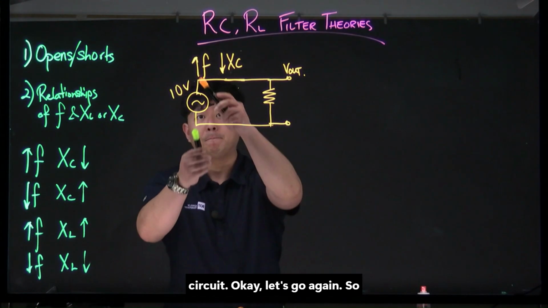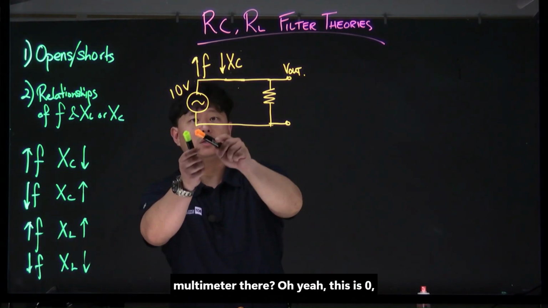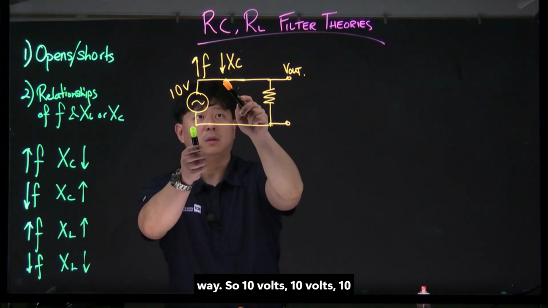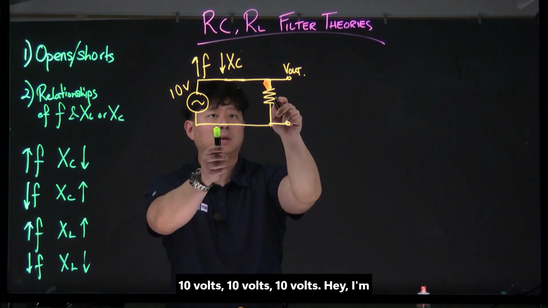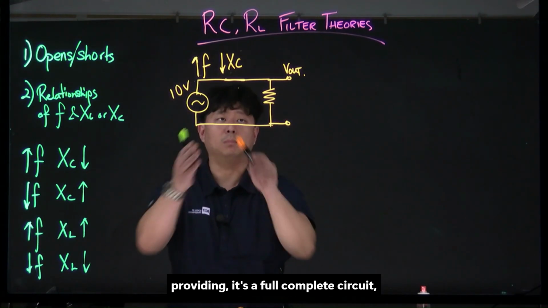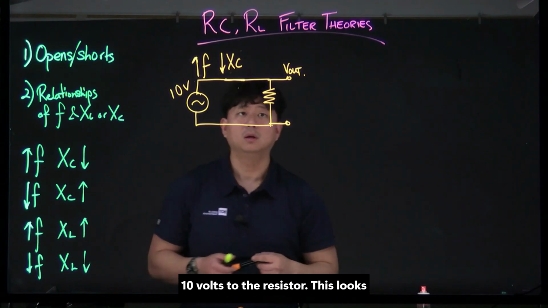Okay, let's go again. What am I going to read if I have a multimeter there? This is 0, and this is 10. I'm providing that. So 10 volts, 10 volts, 10 volts, 10 volts. I'm providing a full, complete circuit. It's not a broken circuit. I'm providing 10 volts to the resistor.